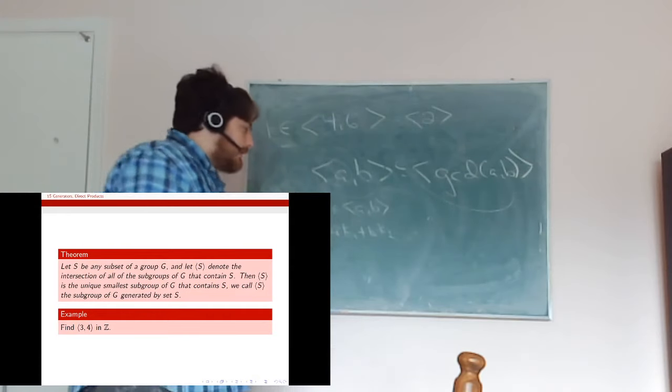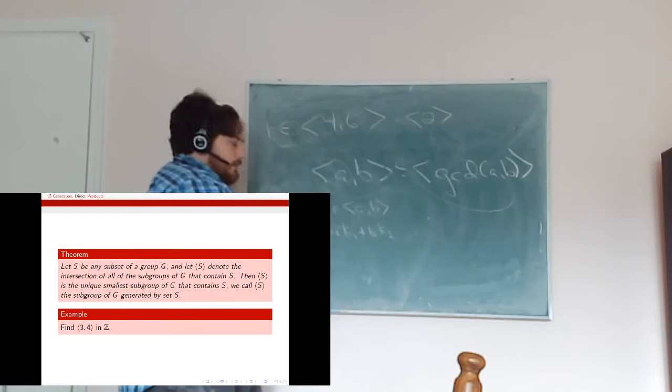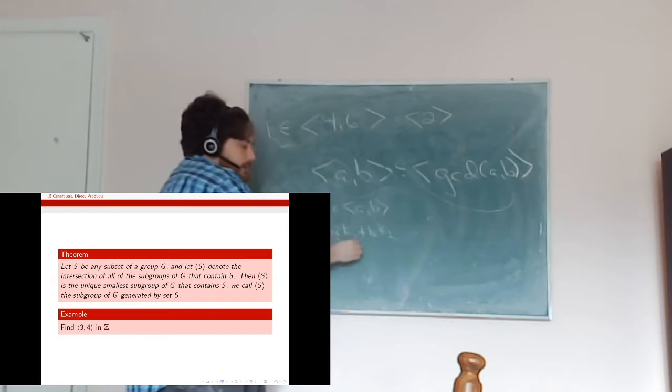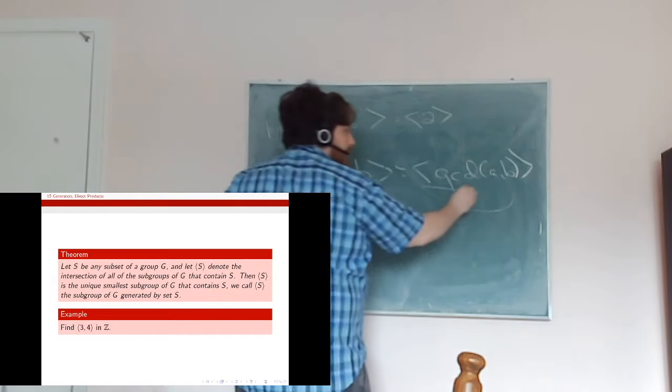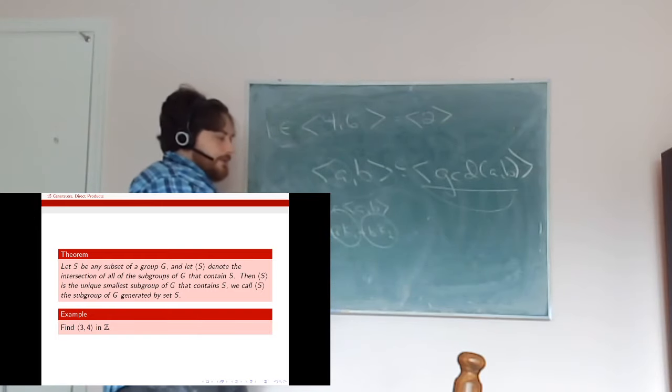So X would have to look like this if it's going to be in the group generated by these two. But notice that this part's divisible by the greatest common divisor, and this part's divisible by the greatest common divisor.